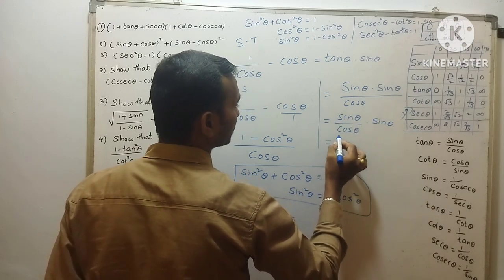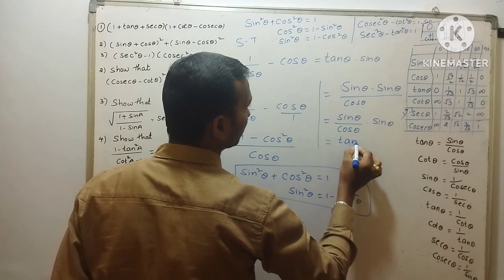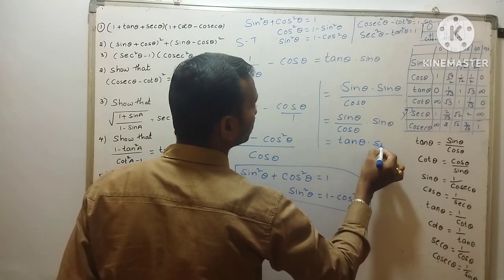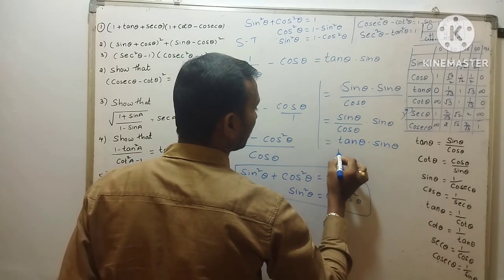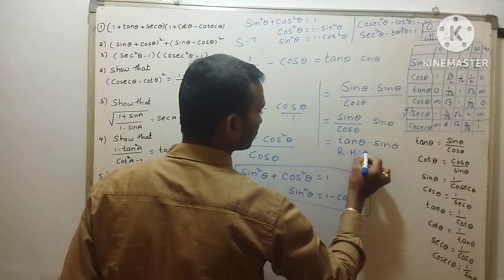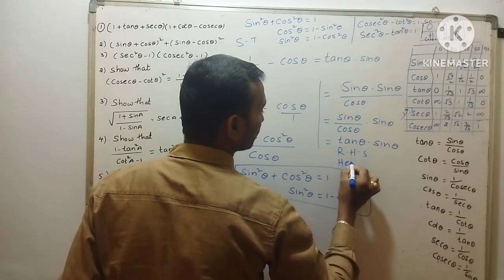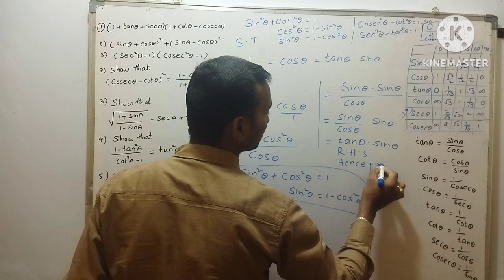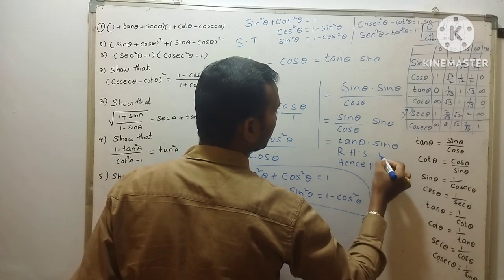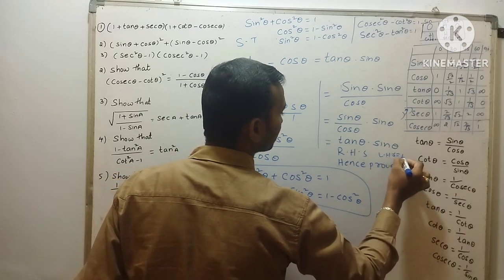Sin theta by cos theta is nothing but tan theta into sin theta. So this is the RHS. Hence proved, LHS is equal to RHS.